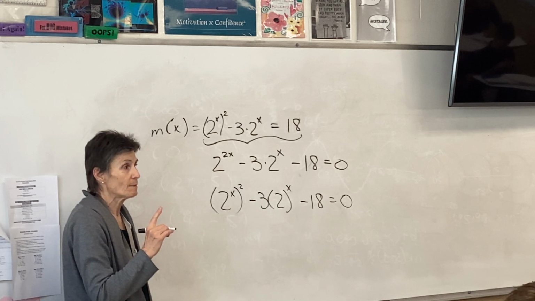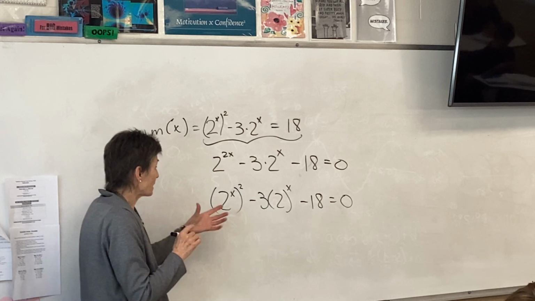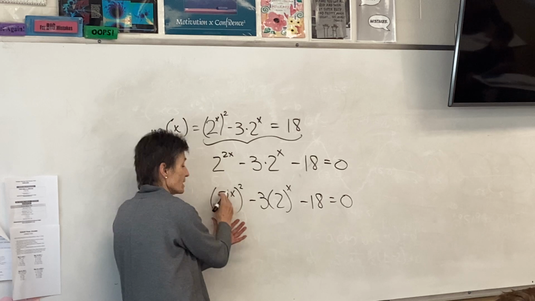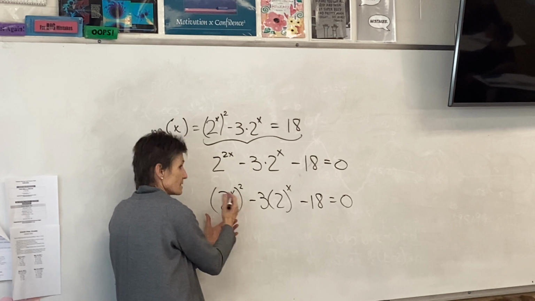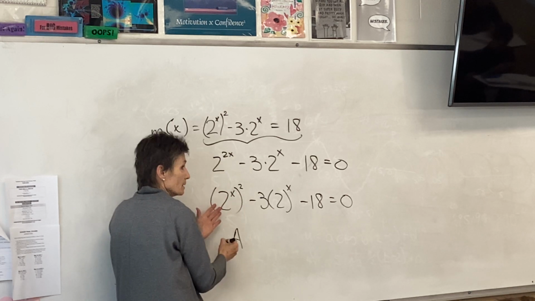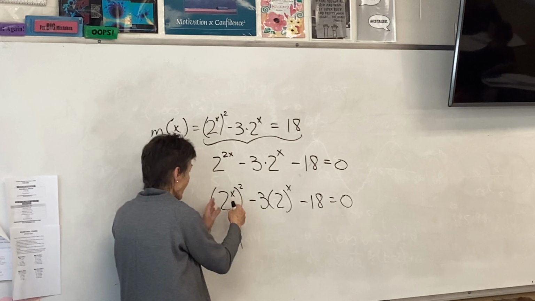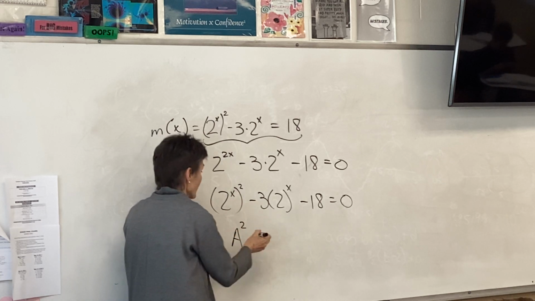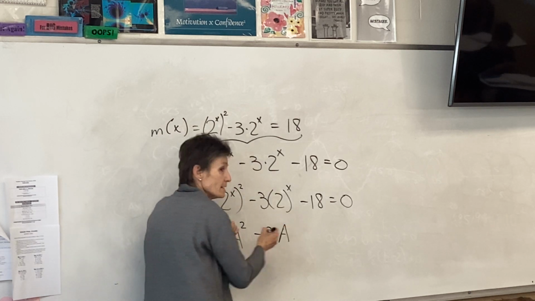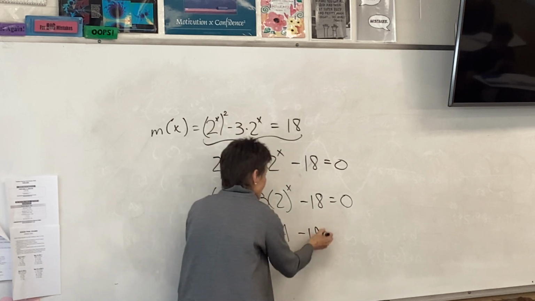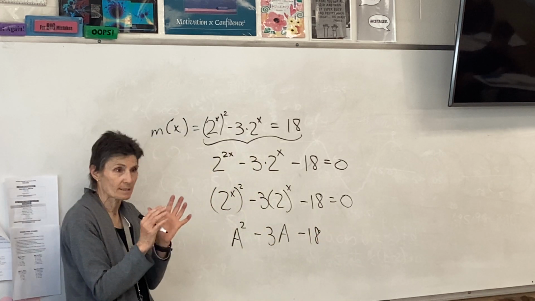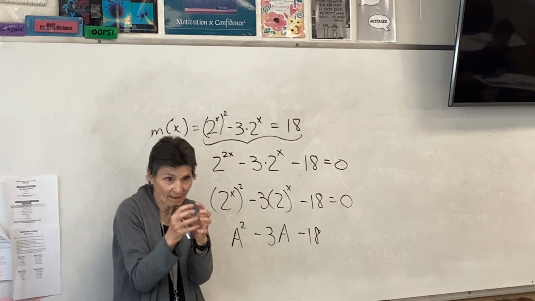So look at that. Let that digest a minute. Think of 2 to the x as being something like a. Doesn't this equation say I have a squared minus 3a minus 18? Isn't that what it says? Now I know it's not an a, but that thing is the same.